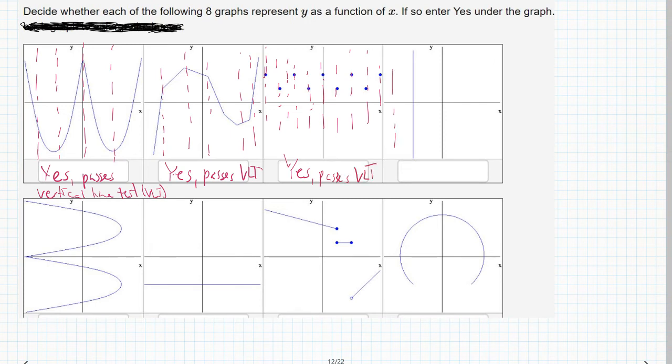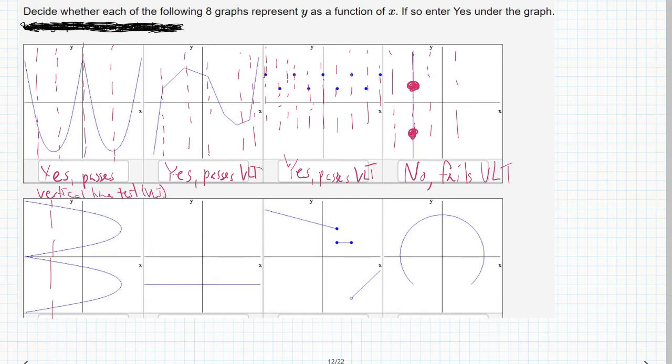Okay, so for our next equation, it's passing through all these points, but uh-oh, on this one vertical line, there are 2 points that lie on that same vertical line. So this is no. It fails the vertical line test. Same thing right out the gate on the next one.